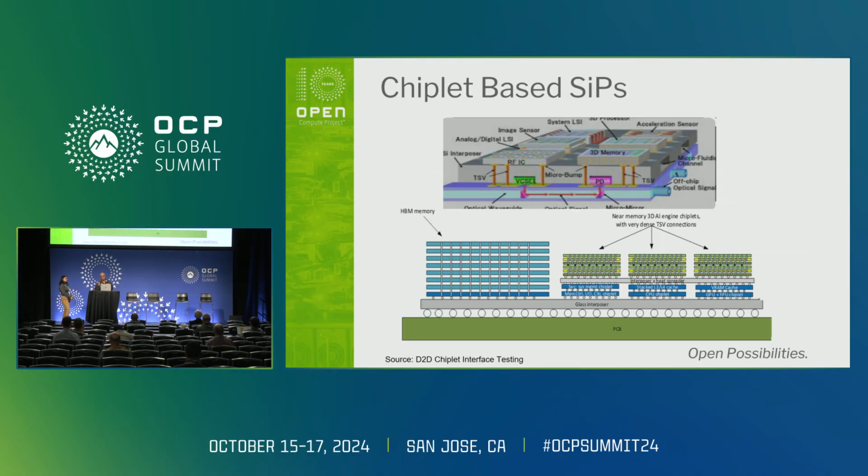So here is an example showing a package built using heterogeneous integration. You can see the interposer, different dies coming from different vendors. As you can see, the fundamental parameters of testability are what? Controllability and observability, right?